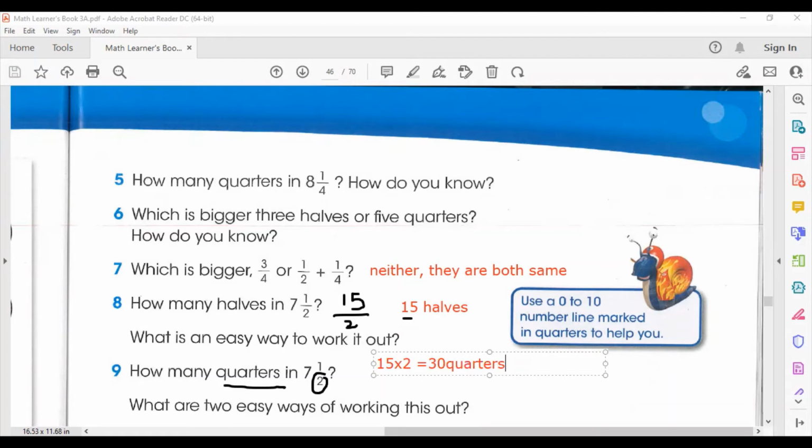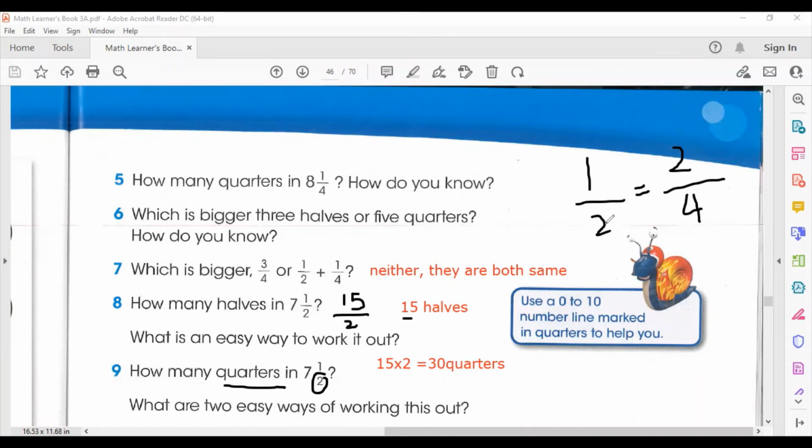The second method, you change this 1 by 2 into quarter. So how do I change 1 by 2 into quarter? 1 by 2 is also equal to 2 by 4. Both are the same. Just as I told you here, we need to multiply by the same number up and down.